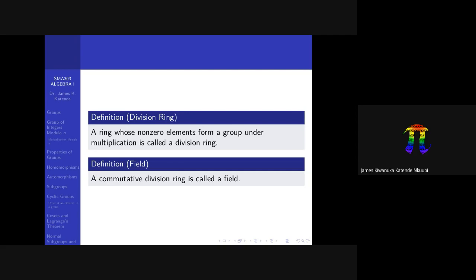It means if you take all the non-zero elements and consider them under multiplication, they will form a group. That's the only consideration we need to take into account when doing this classification. And if the ring is also commutative and it's a division ring, then we call it a field.